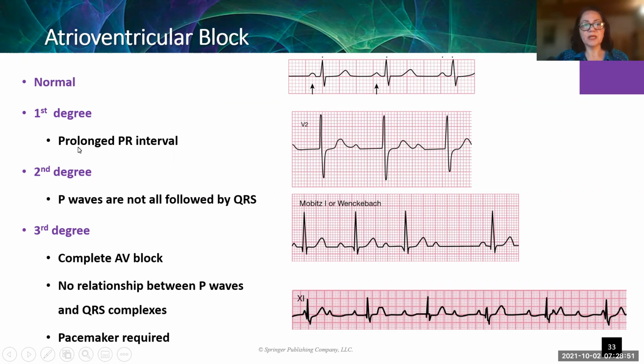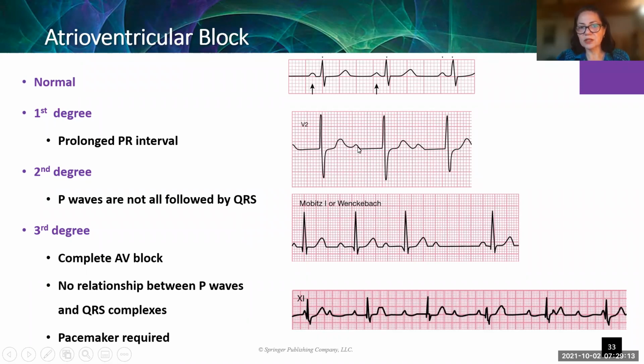First degree, we're prolonging the PR interval. That is the time between the P wave and the ventricular contraction. The scales are a little bit off from each other, but I think you can follow this. We're going to look at halfway through. So here, this is a P wave right here.